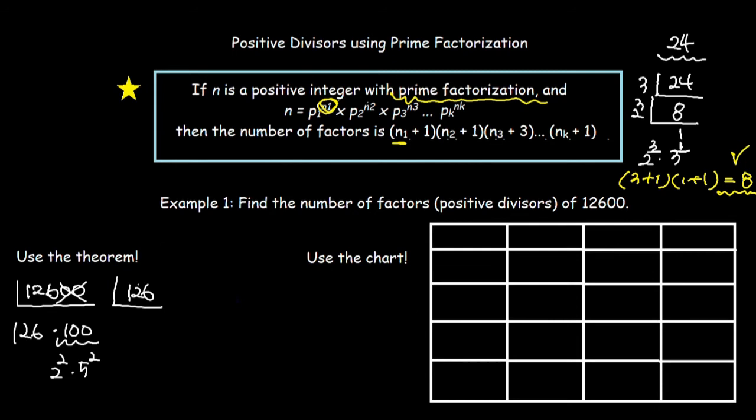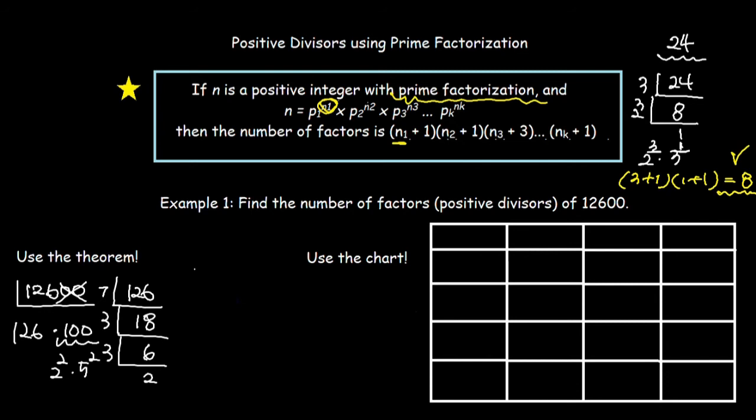So I'll just go ahead and prime factorize 126, not 12,600, right? So 126, well, I can immediately see that 7 actually goes in here. 18. 3 can go in here. We can have 6, 3, and then 2. And we'll just combine all of this.